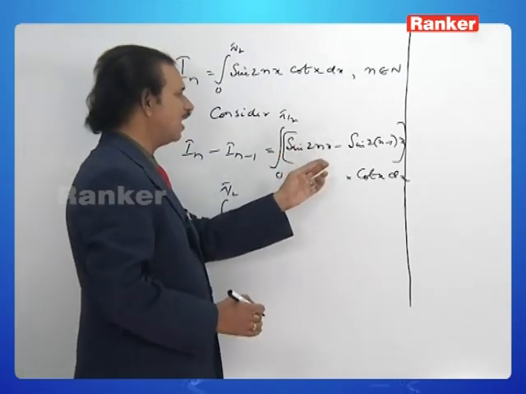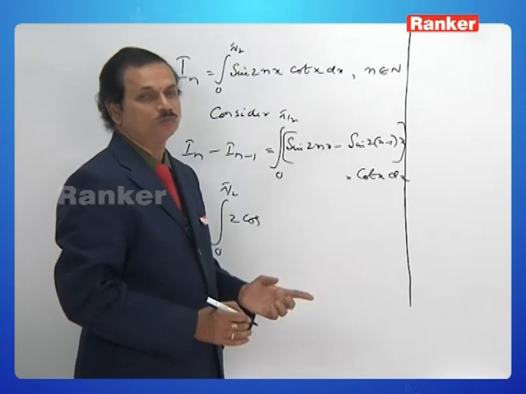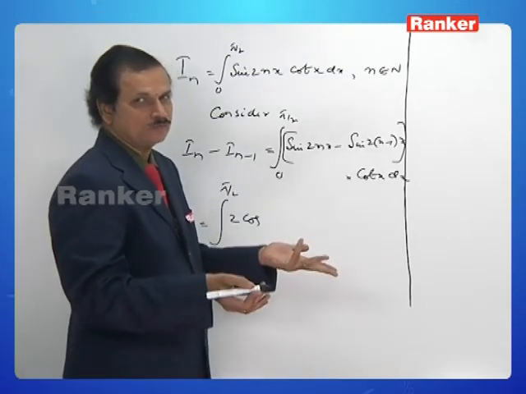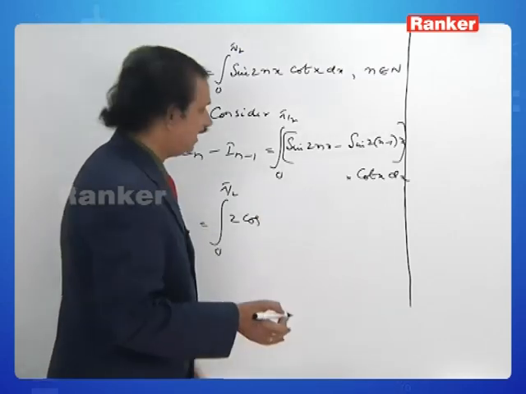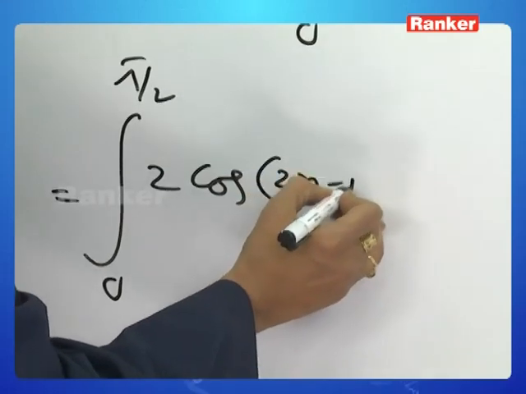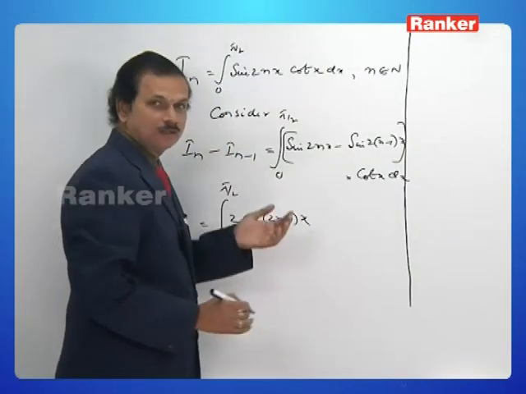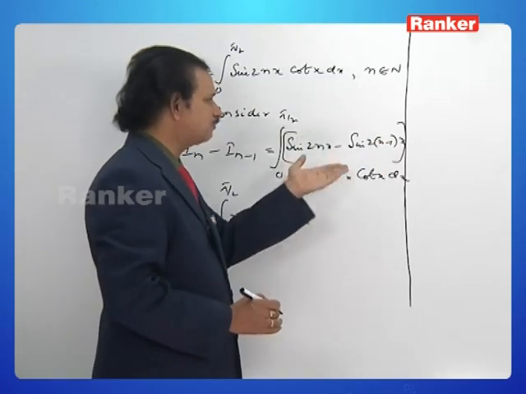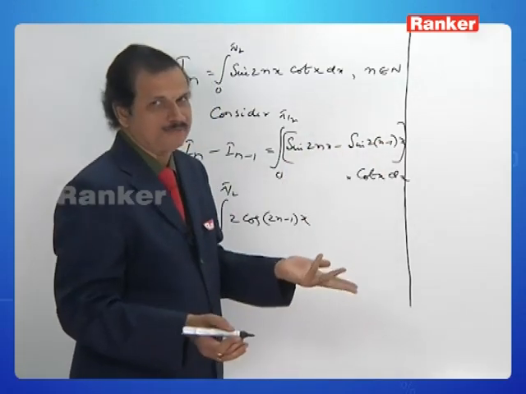If you get 2x out, n plus n minus 1 is 2n minus 1. 2n minus 1 by 2 is there. Therefore, it is cos of 2n minus 1 into x.